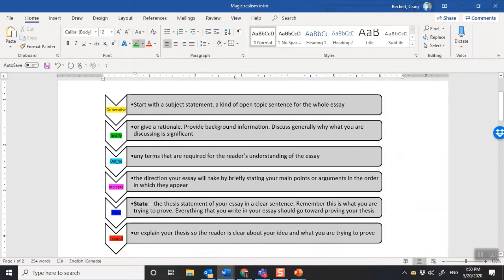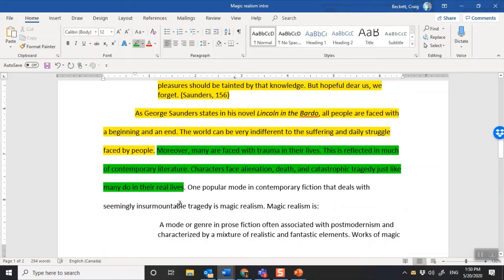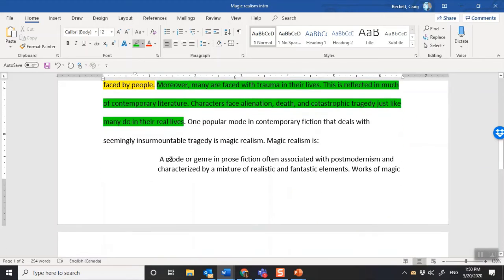And now, define. One popular mode in contemporary fiction that deals with seemingly insurmountable tragedy is magic realism. Magic realism is, and then I quote here, a mode or genre in prose fiction often associated with postmodernism and characterized by a mixture of realistic and fantastic elements.